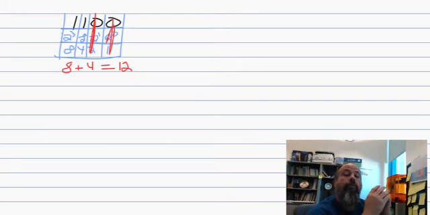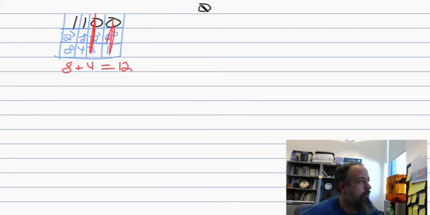Okay, so then the question is, how do we convert from binary into hexadecimal? And the answer is we convert it to decimal and then convert it to hexadecimal. So this is 12. 12, if you remember, let's go ahead and draw it out here. In base 10, we have 1, 2, 3, 4.